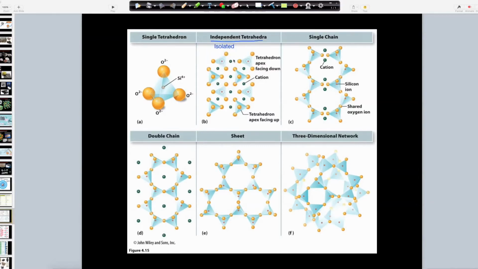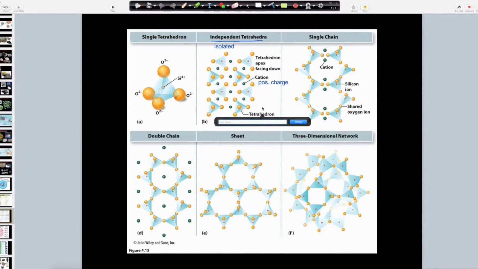What that means is there's isolated tetrahedra. So they're floating around and then they're ionically bonding with other cations. So cations are positively charged. Anions are negatively charged. So the cation is your positive charge.